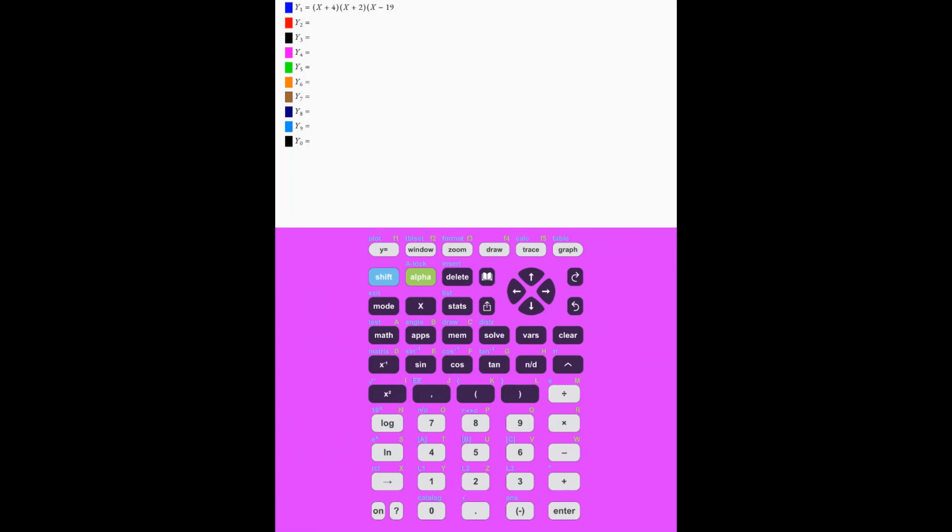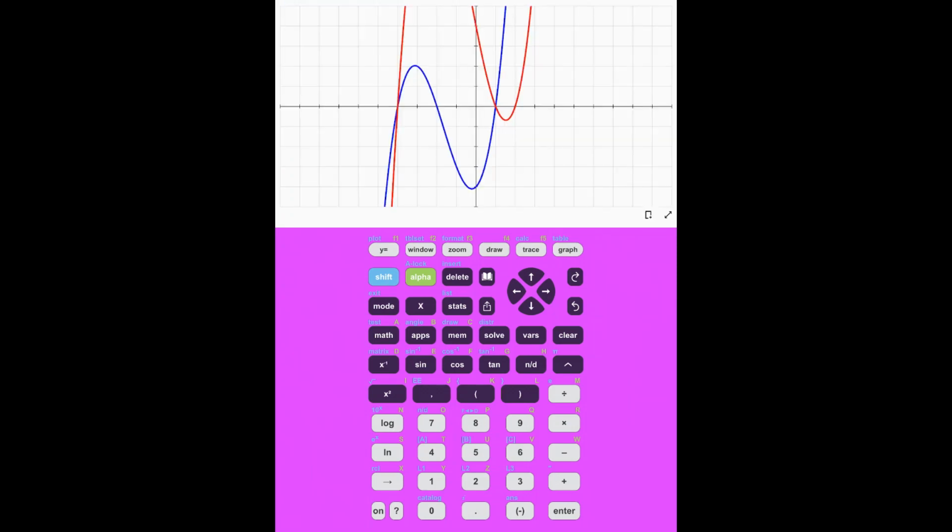And I'm going to put the first choice in my y2 and see what happens. So then I have x minus 2 times x squared plus 3x minus 4. Okay, let's see what happens.